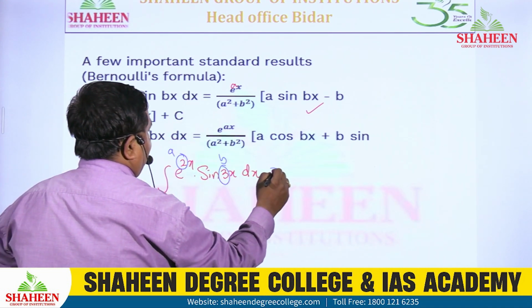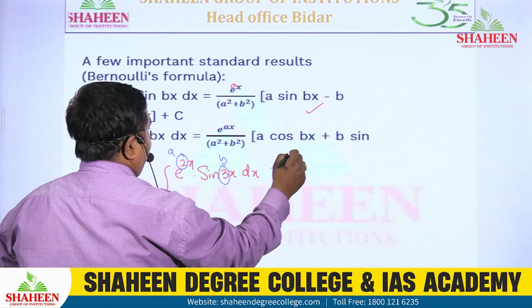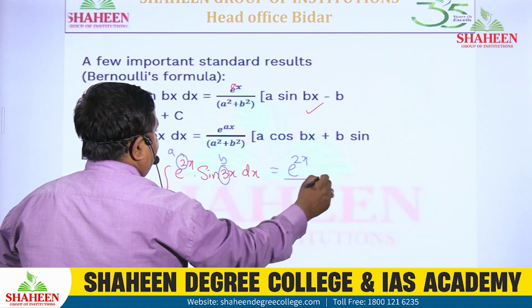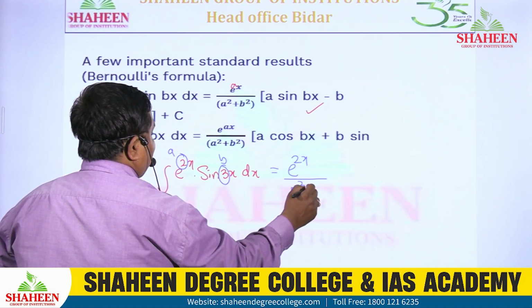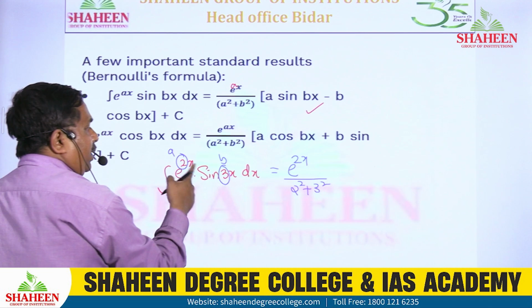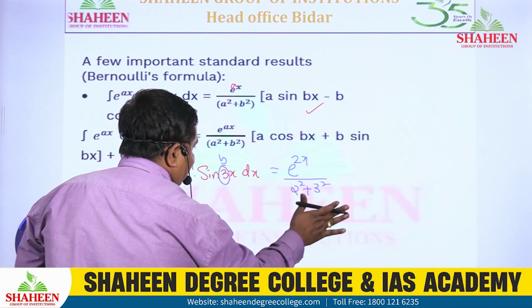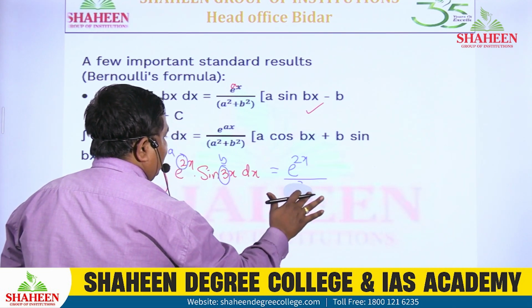Substituting in the formula, the answer becomes e power ax, that is e power 2x, divided by a square plus b square, that is 2 square plus 3 square. What is 2 square plus 3 square? 4 plus 9 is 13. So directly I will write 13 here.